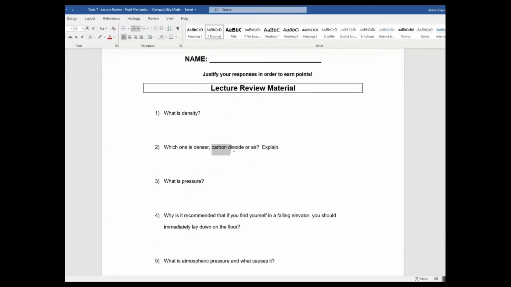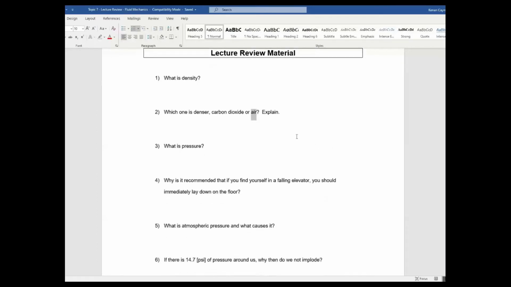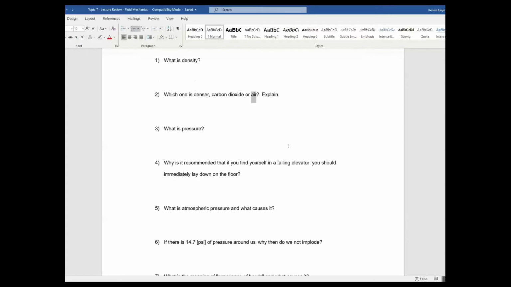Carbon dioxide is going to be denser than air. I gave you a bunch of numbers, so let's go over them. Air is roughly about 1. Carbon dioxide is roughly about 2. Water is about 1,000. Concrete, 2,000. Steel, 8,000. And gold is about 20,000, right?